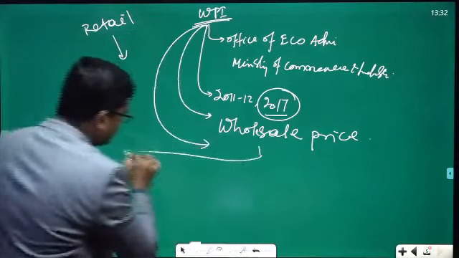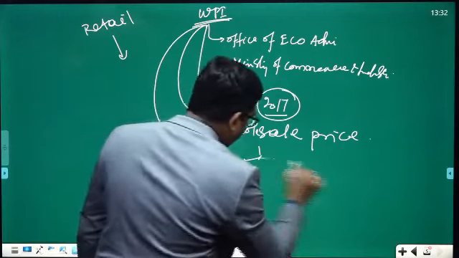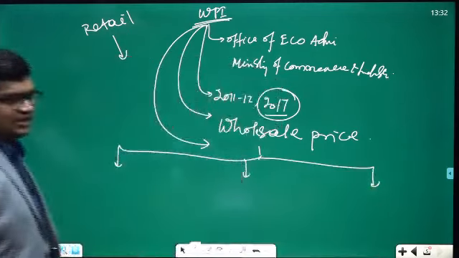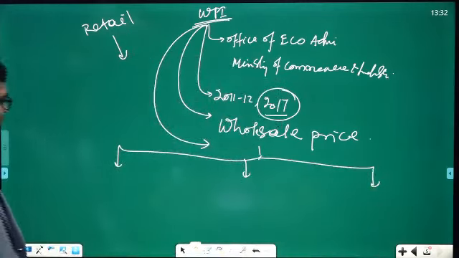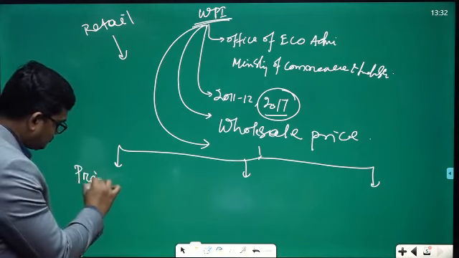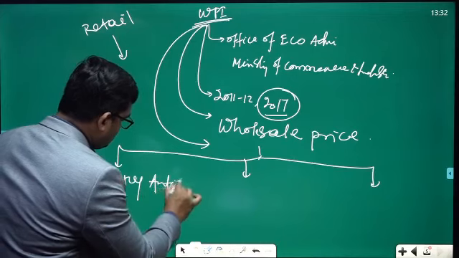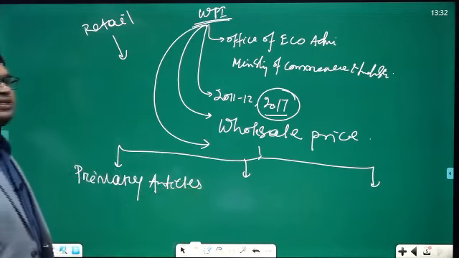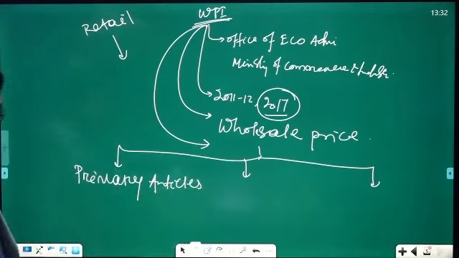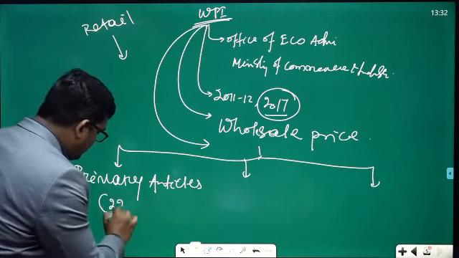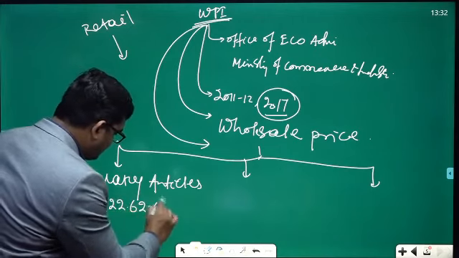The first category is primary articles, with a weightage of 22.62%.